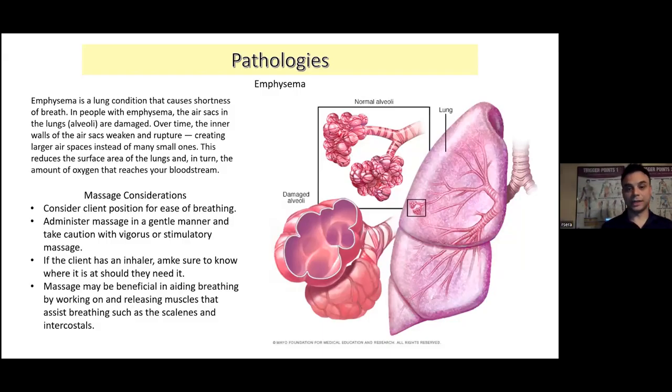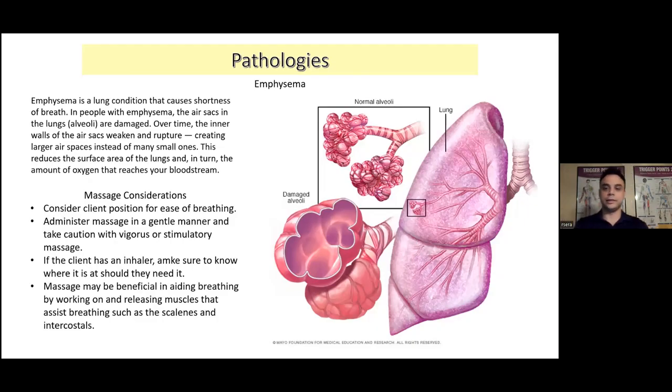Emphysema. So emphysema is damage to the passageways of the lungs, and specifically the little exchange sacs known as the alveoli. This usually happens because of smokers or people who work in the industrial industry and inhale certain things and so on and so forth, right?